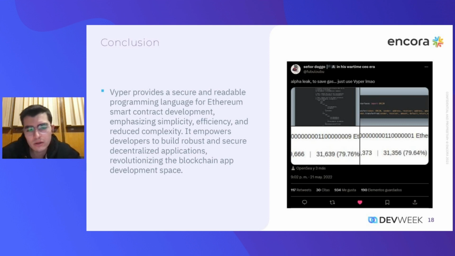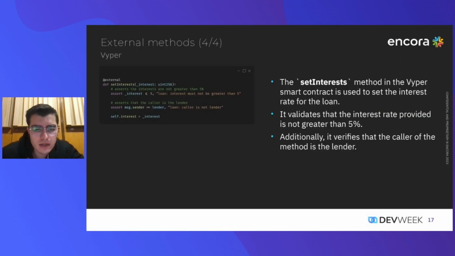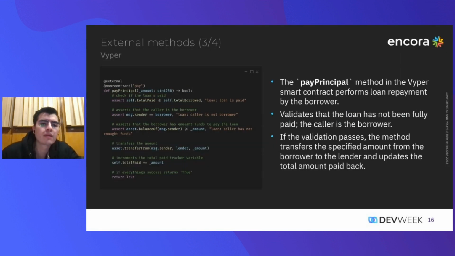Okay, so my conclusion is that Vyper provides readability and security at programming. Let me go over that security part. As you can see here, the decorator non-reentrant. In other smart contract programming languages, we don't have this baked into the language, but in Vyper we do. This allows the method to be secure to reentrancy attacks by default, right?